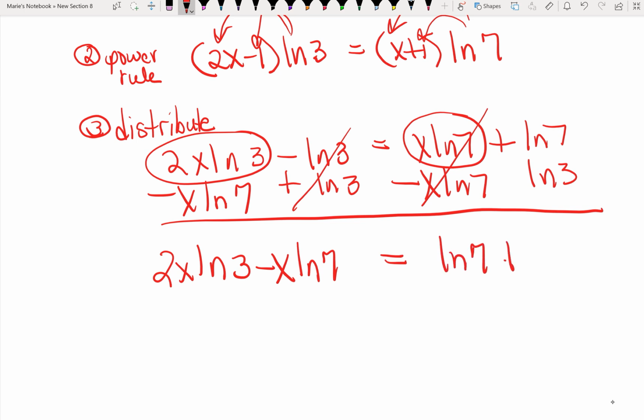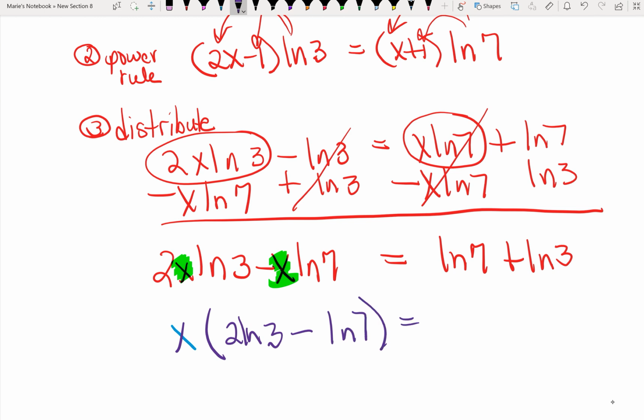So over here, this is what we have. We have natural log of 7, natural log 3, and obviously what I want is I need that x. And x is now available to me on both sides. So if I do that, I can now extract the x, and this will leave me 2 natural log of 3 minus natural log 7.